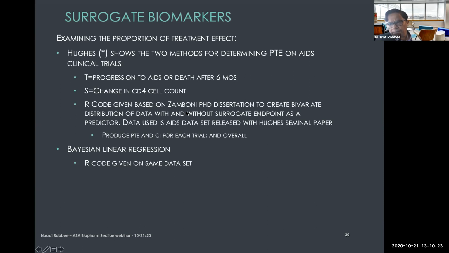And Beth Zamboni, in her PhD dissertation, revealed a nifty trick that you can actually use the regular hazards model to look at the paired variable S and T and get estimates for beta S and beta. Now, the way that Michael Hughes estimated PTE and CI is using a delta method, and I give that code.